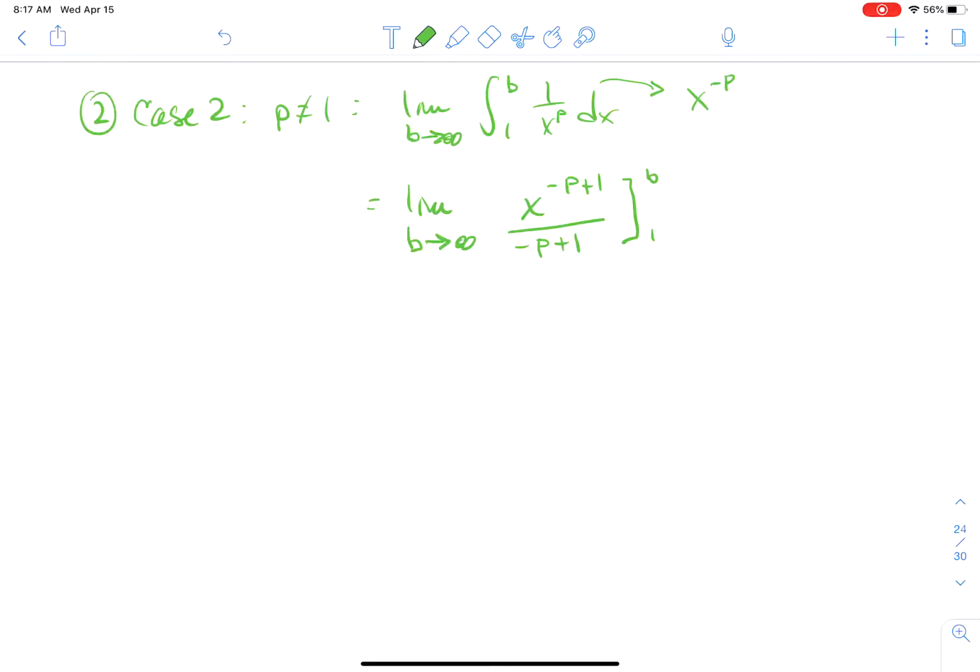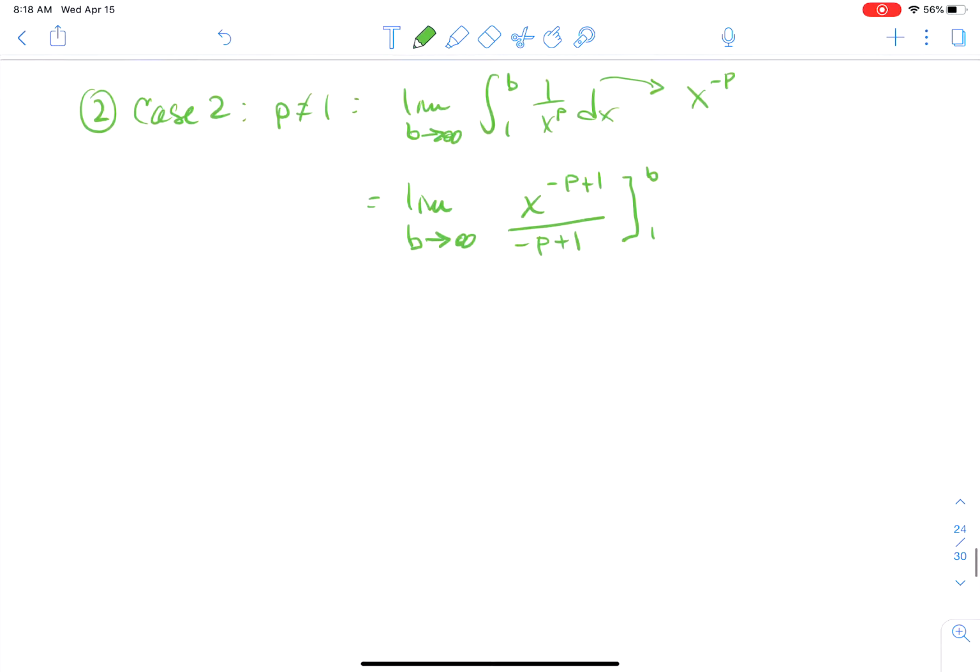All right, and then before I go to plug in my b and my 1, I'm going to clean this thing up algebraically. I'm going to factor out a negative from both the top and the bottom, like on the top from the exponent, so negative parentheses p minus 1. And on the bottom, I'll do the same thing, negative parentheses p minus 1. Evaluated from 1 to b.